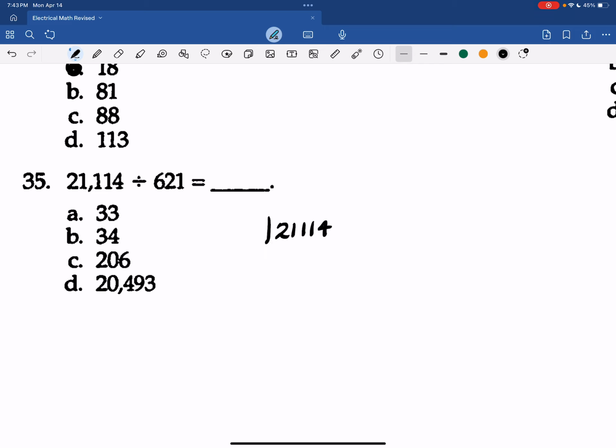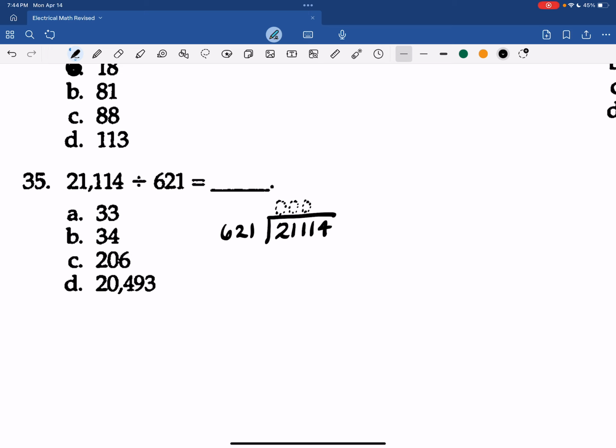21,114 divided by 621. 621 cannot go into 2 or into 21 or into 211. So we're looking for 621 into 2,111.